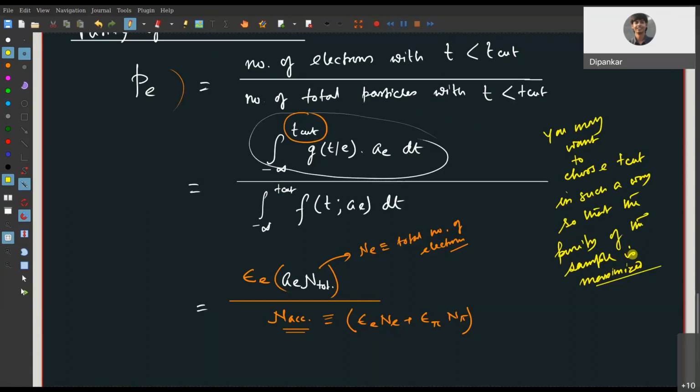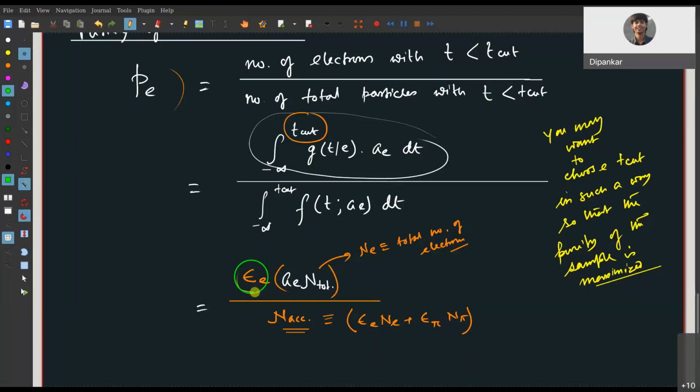Remember, this is a tricky business, because you might want to increase this epsilon_E. You might say that since this expression depends on just epsilon_E, if I maximize it, make it 1, then I have maximized the purity.